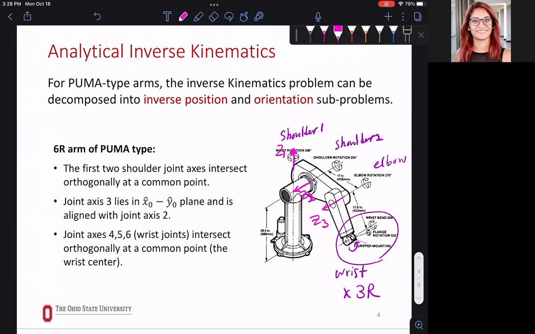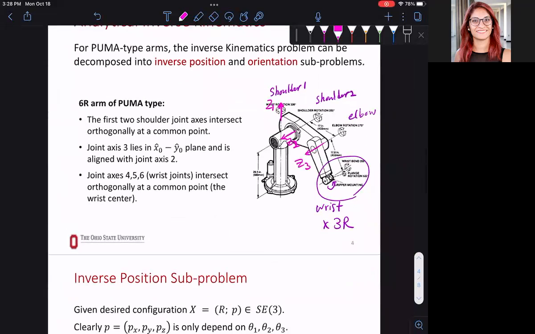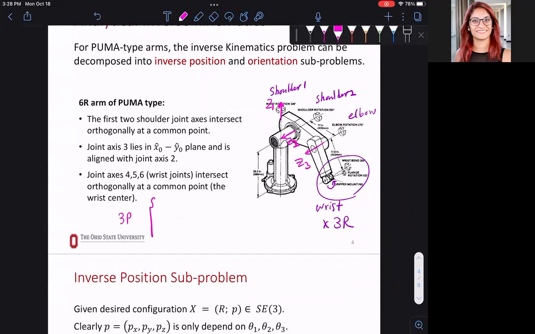Then there's a wrist, and there are 3 revolute joints at the wrist: one in the direction of x0, another in the direction of y0, and the other in the direction of z0. So you can reach all through the space with your wrist. This is going to be 3R.